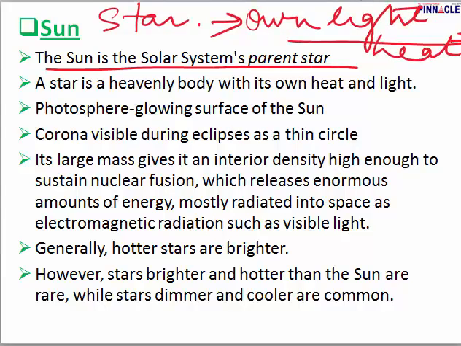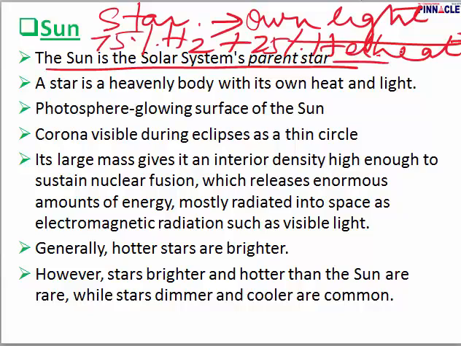That is known as a star. So a star is a heavenly body that will have its own light and heat, and it has 75% hydrogen and 25% helium. Please remember, these are the 2 dominant gases on the sun, and it's a star. A star means a heavenly body with its own light and heat.